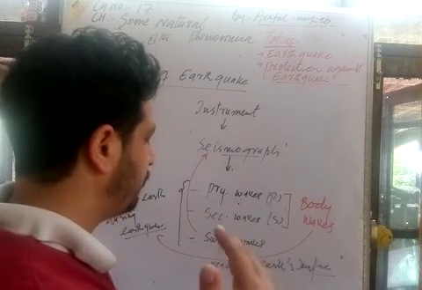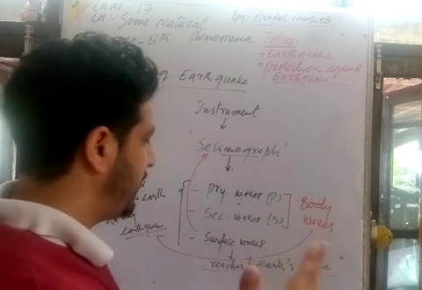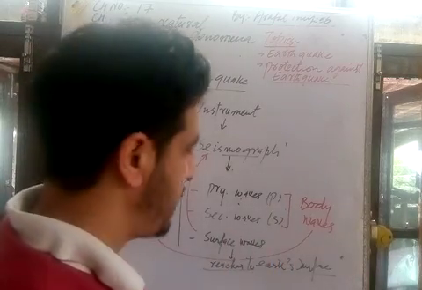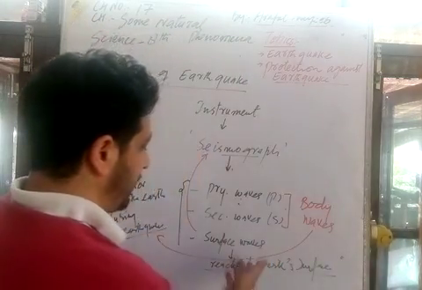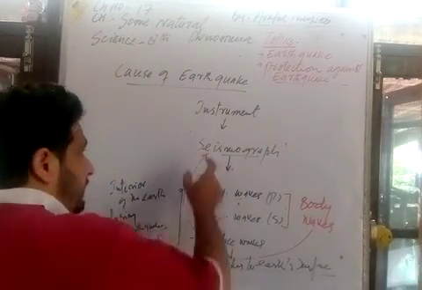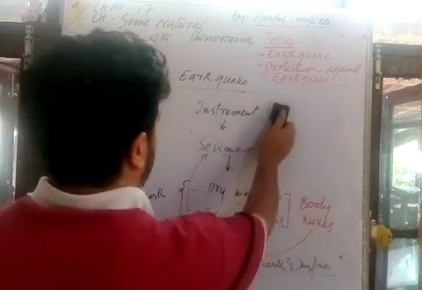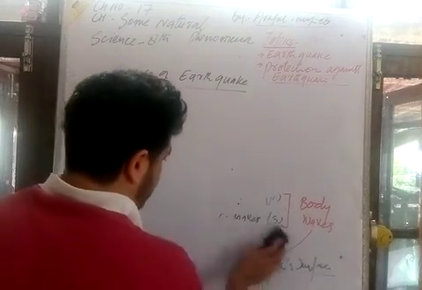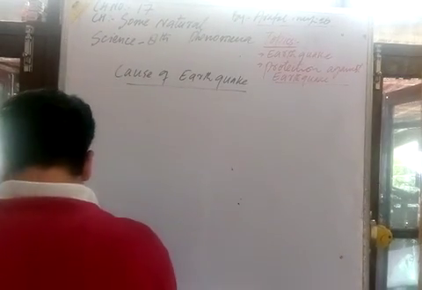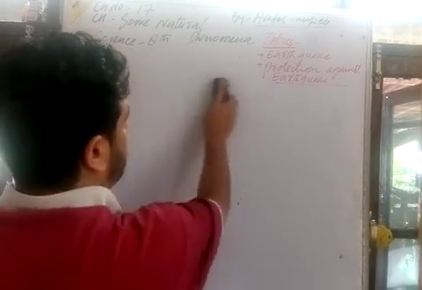When they have a magnitude in the range of 7, 8, 9, they are destructive to life and property, and they are also determined by the seismograph. It is an instrument for the determination of earthquakes. Now that is all about this.